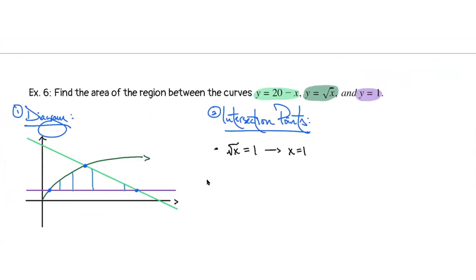Do I need to find the y value? I would say hold off on that until you know that you need to find it. So I'm just going to label this point as 1 comma something, and we can find that something if we want to. What if I want to find this second intersection point here? Set the dark green equal to the light green. Good. So 20 minus x equals square root of x.